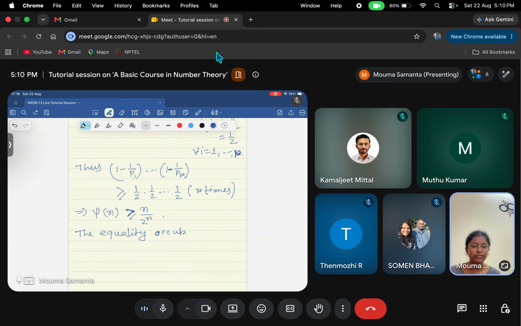Not only 2, if n is a power of 2, then we will get the equality. That means n equals to 2 power some a.